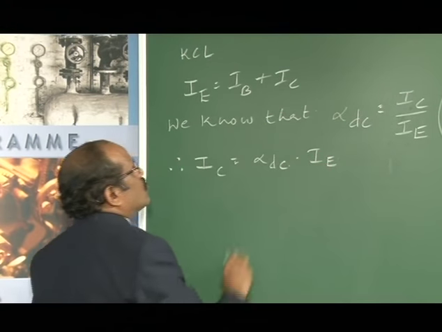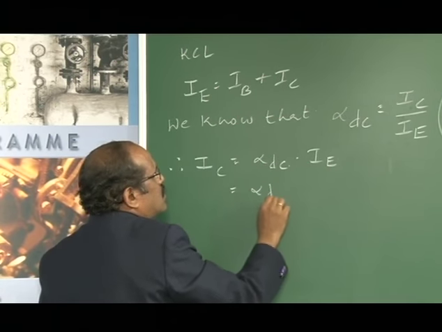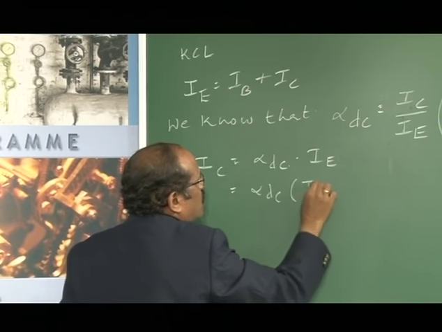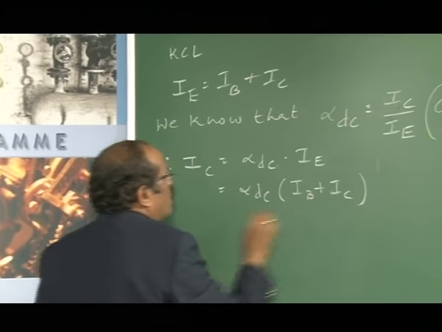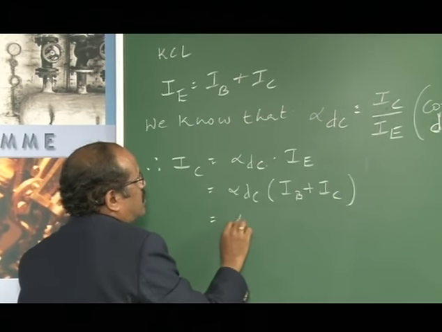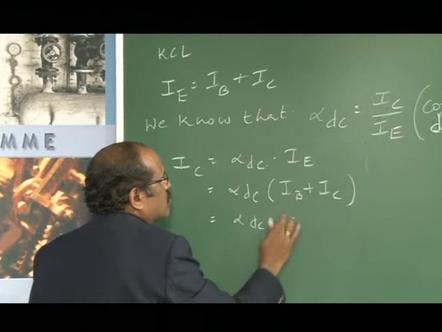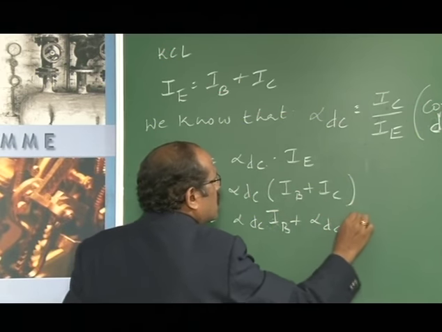If you substitute over here, what do I get? Alpha DC into IE, and IE is the summation of the base current plus IC. So I can write it as alpha DC into IB plus alpha DC into IC.